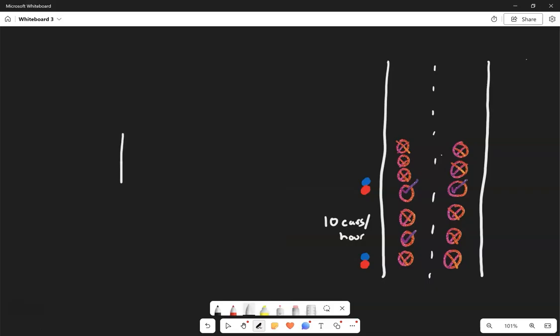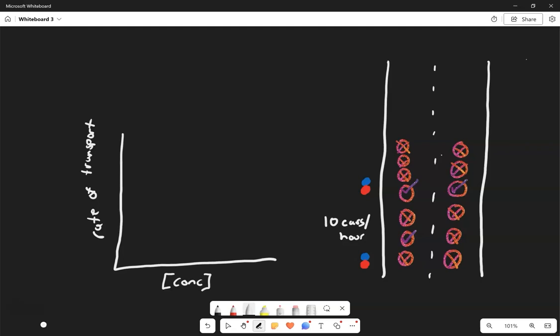And so if we look at a graph here and we put the concentration of the solute on our x-axis, and over here on the y we put the rate of transport, the graph doesn't really matter in terms of the scale, right?